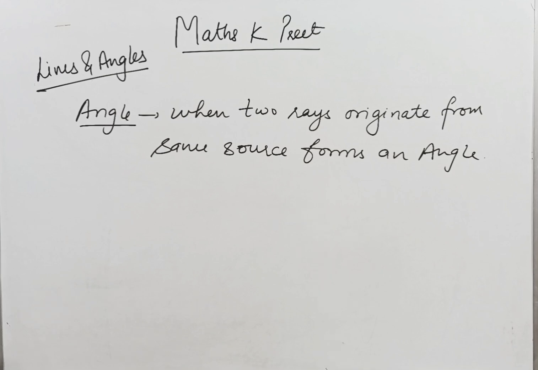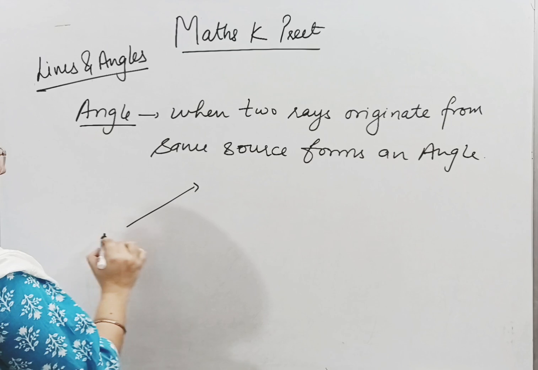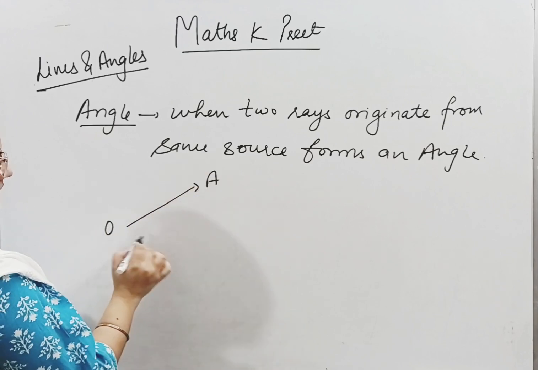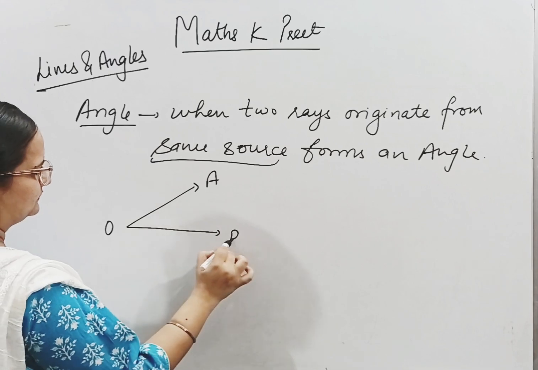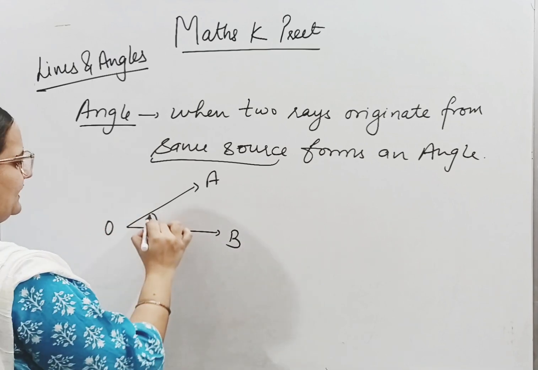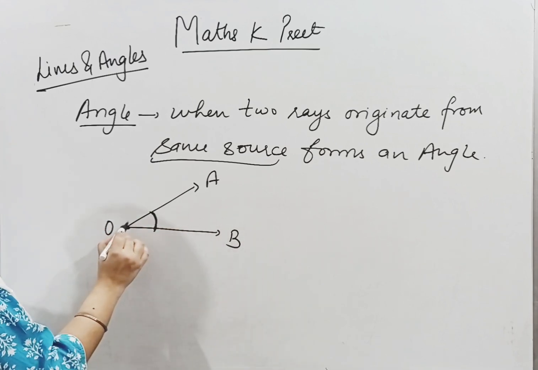So we will learn about angle today, what an angle is, and the related questions of linear sum property and adjacent angles and all. So what an angle is: when two rays originate from the same source, that forms an angle. If I have two rays, say OA, and same source means their origin is the same, and OB, then this forms an angle at the origin.